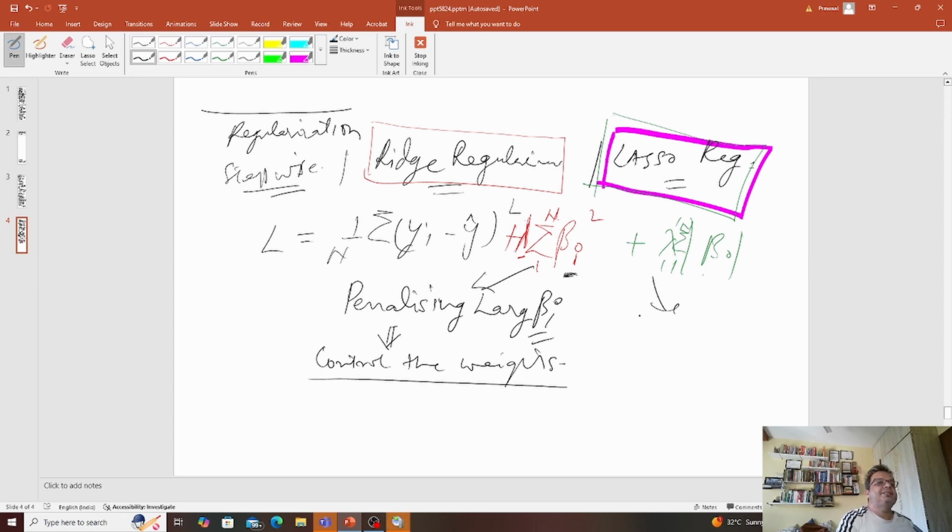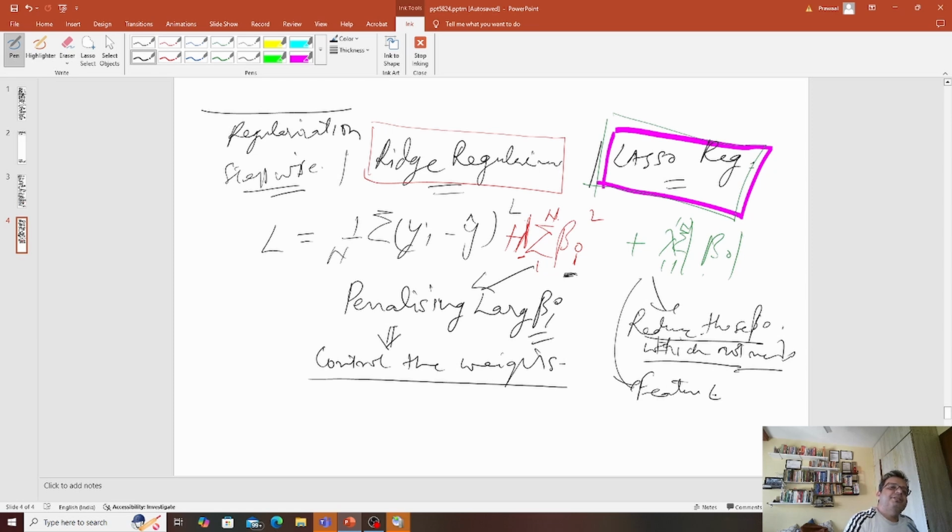So this means that it is going to reduce those beta naughts which are not needed. So you can think that this is some form of feature elimination.